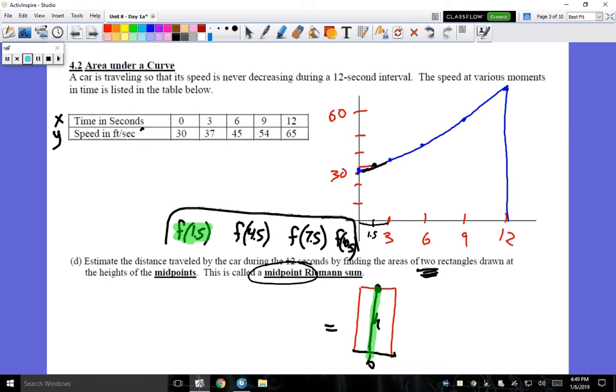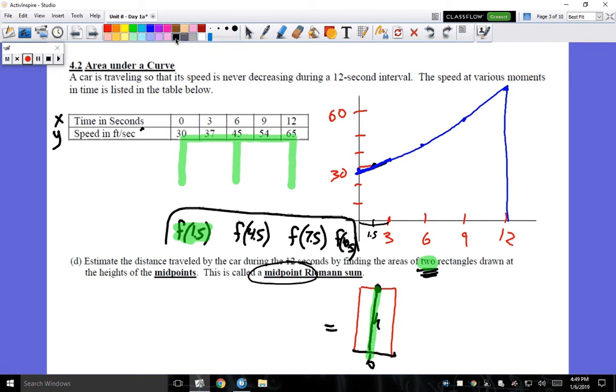The table that you're given should be all the information that you know. So when you see 2 rectangles, there's a jump from 0 to 12.